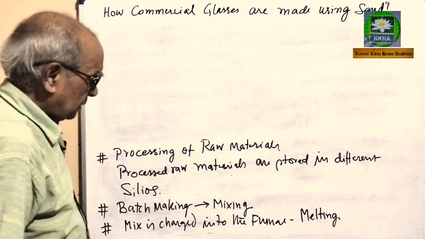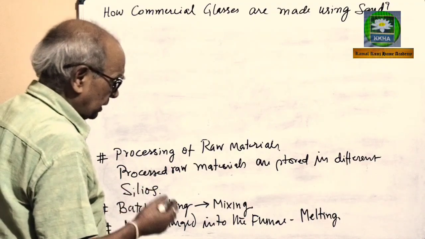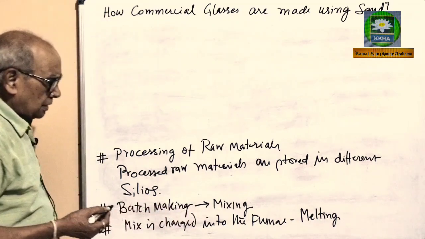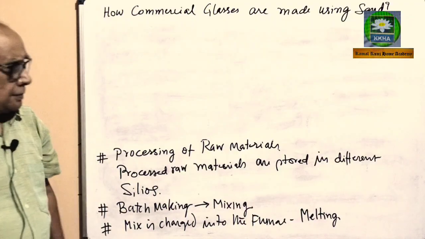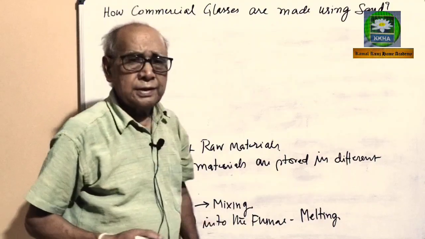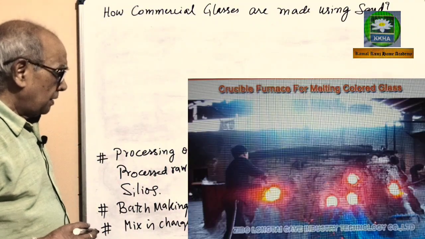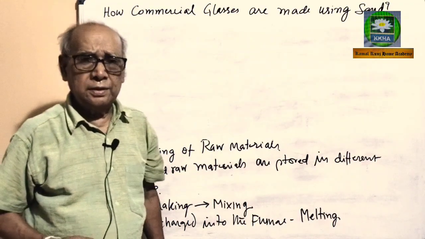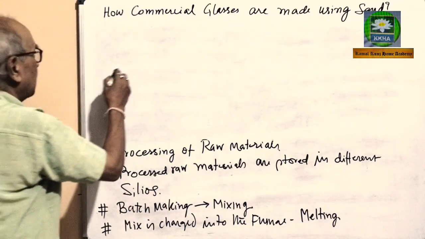Now the different processes in the furnace, that is melting, fining and homogenization, etc., are carried out in the glass tank furnace. On a smaller scale, crucible furnaces are used for making special glasses or colored glasses, and for making on a larger scale, glass tank furnaces of larger capacity are used to produce commercial glass.